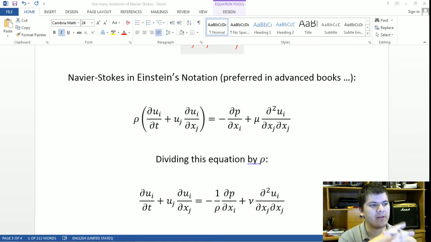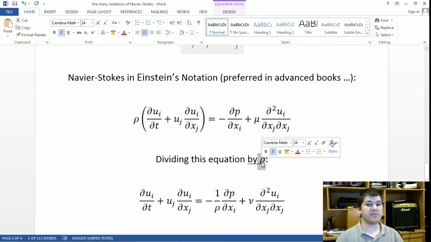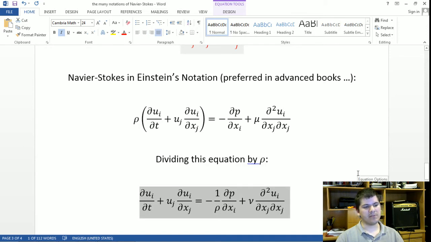Well, before I talk about a more straightforward way to visualize the Einstein notation, I'll do some algebra, and we'll divide this equation by ρ, which is the density of the fluid, and we obtain Navier-Stokes in this form, which is often seen in academic books.